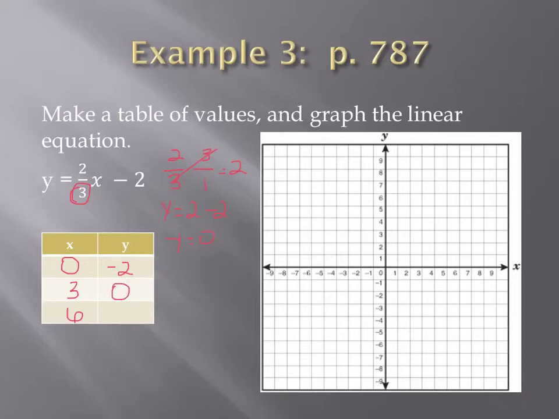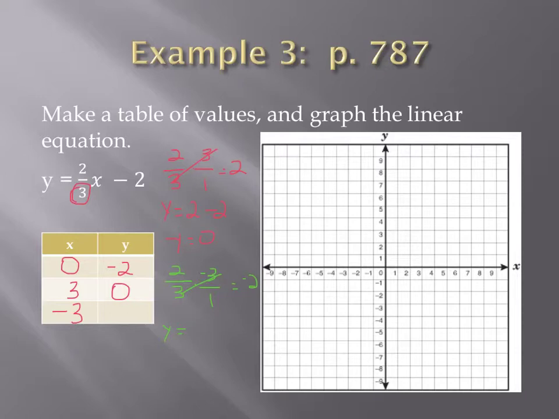Okay, and then actually I put the last one as 6, but you don't even have to. You could do a negative if you wanted to. So we could do negative 3. So if I did negative 3, then that gives me 2/3 times negative 3 over 1, which is negative 2.